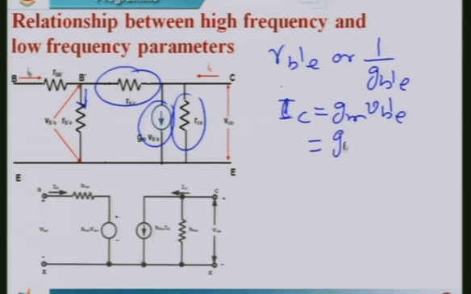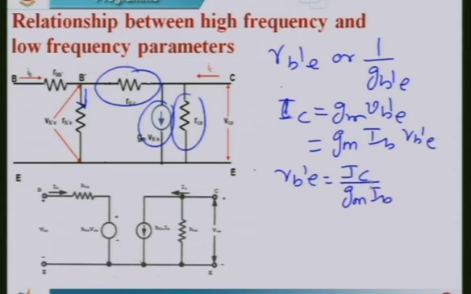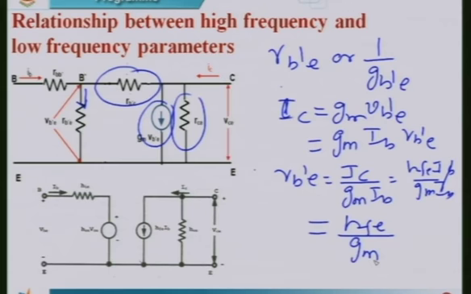Then we can write gm into IB, the base current, into rb'e. Hence rb'e is equal to IC by gm into IB, where IC, from the low frequency analysis, is nothing but hfe times IB, divided by gm into IB. Therefore, rb'e is the short circuit current gain, the h parameter, divided by the transconductance of the amplifier. Therefore rb'e is approximately equal to hfe by gm.